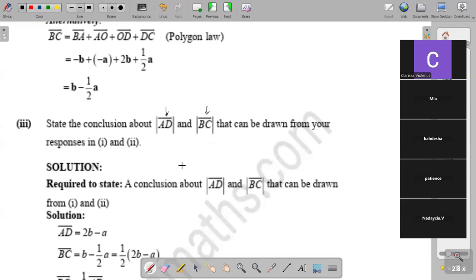So what's the first thing we need to know? They say, state the conclusion about these two. So before we can state a conclusion, what should we do first? We should write them next to each other. And then, very good, magnitude is another word for size. We need to write the two of them next to each other so we can get an idea of how they look next to each other. Everybody see what I'm saying? Hello?